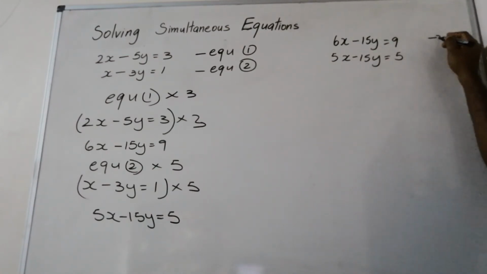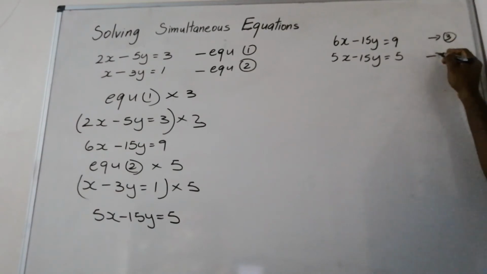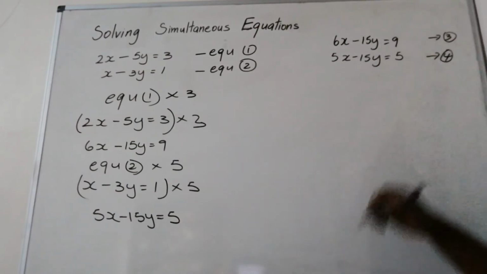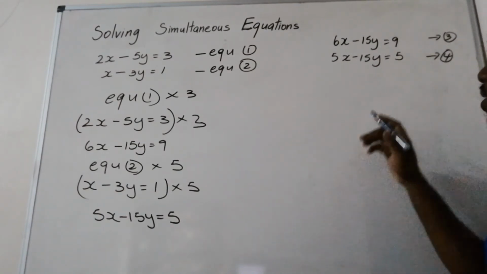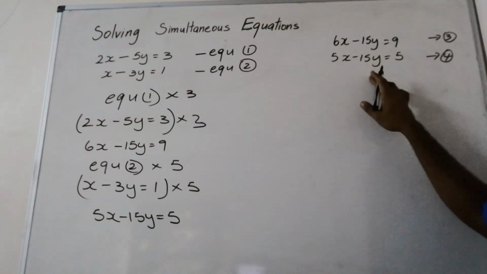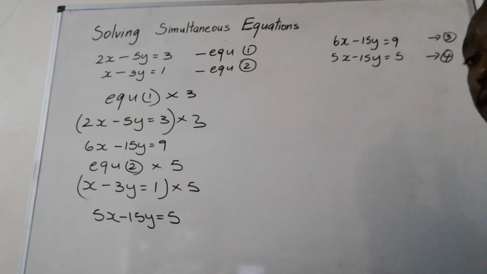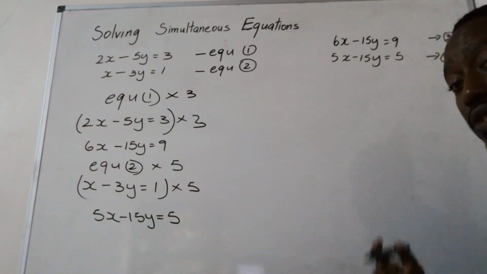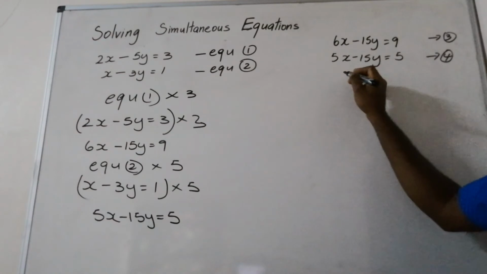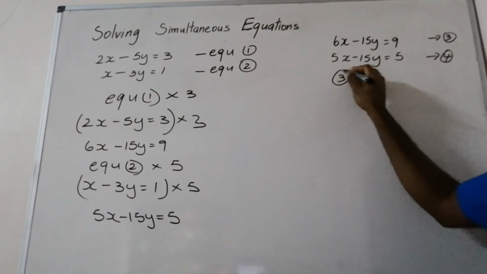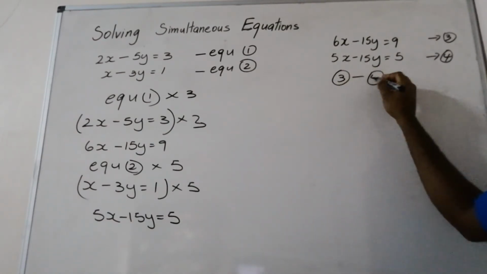Equation 3, equation 4. So now, in order to get rid of our y, the coefficients are the same, the signs are the same. And if the signs are the same, we subtract the two. So we subtract equation 3 and equation 4.